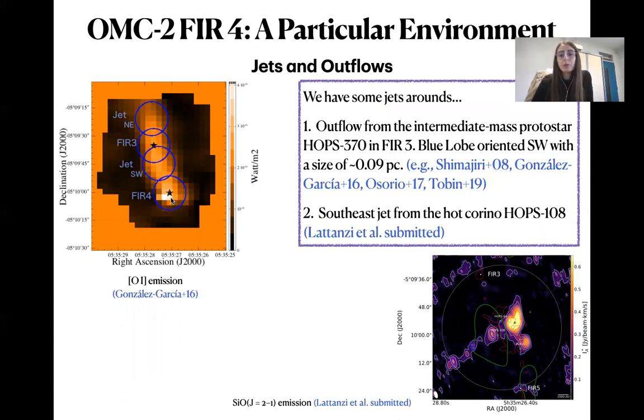The outflow was observed with several molecular tracers like SiO, but also in O I emission by González-García et al. Another characteristic is the presence of a jet recently observed by Ratanzi et al. This jet is driven by the hot corino HOPS 100-Na, and it's shown here.